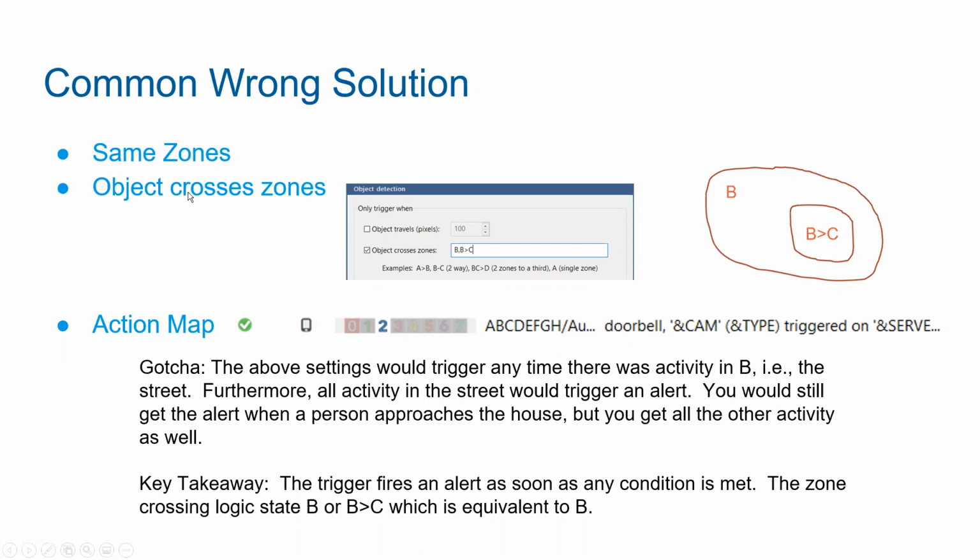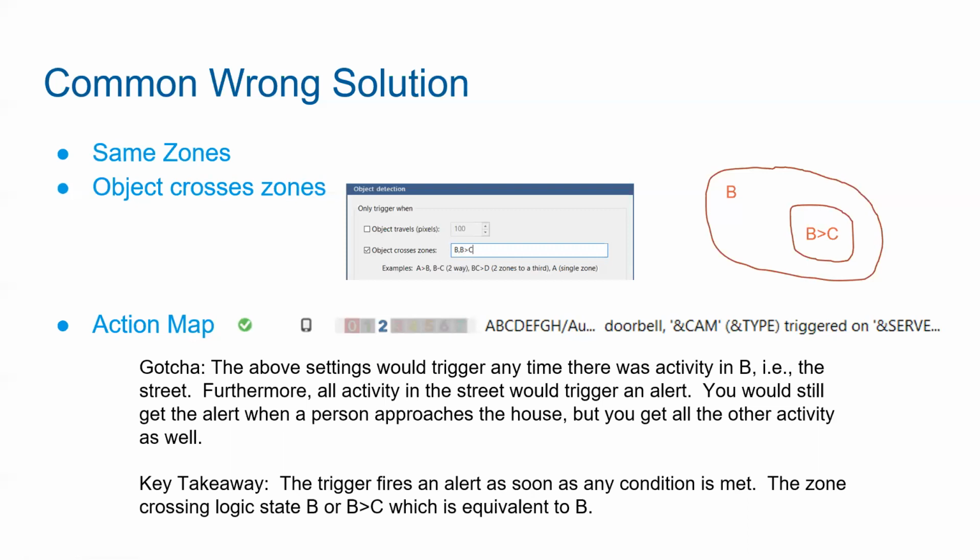What most people would do is this logic. You would say object crosses zones, like you want activity on the street, but you only want alerts when people walk into your driveway, right? So they would say, give me B or B to C. That's what most people would do. That's what I did in the beginning. And I want to explain why that doesn't work.